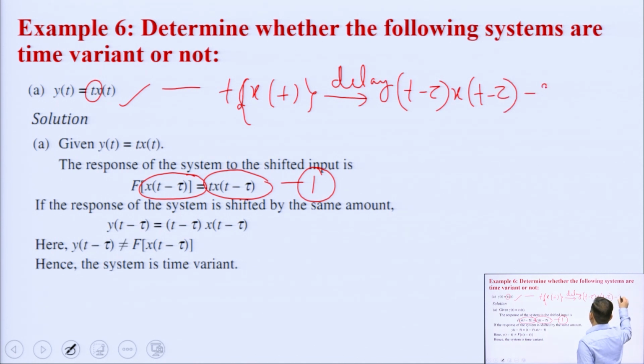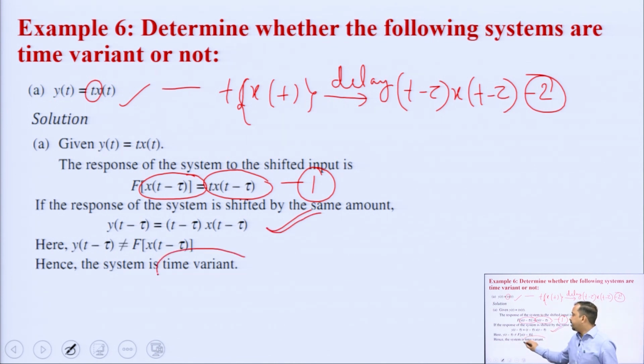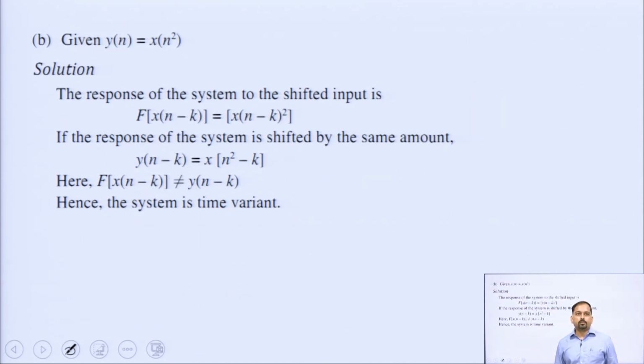Let us say this is equation number 2, and we are going to check whether equation number 2 and equation number 1 are the same or not. It seems that both the equations are a bit different, and if they are different, then it is called time variant. Similarly, we have y[n] equals x[n square].